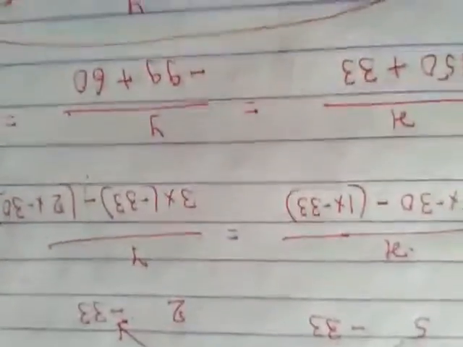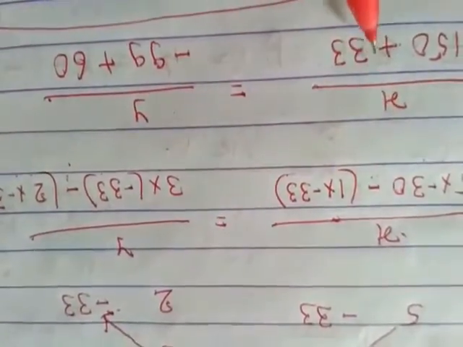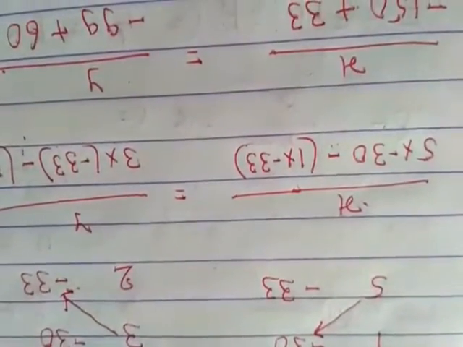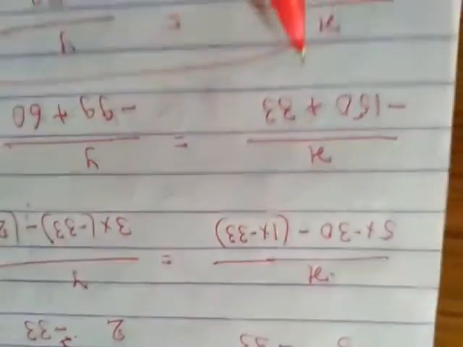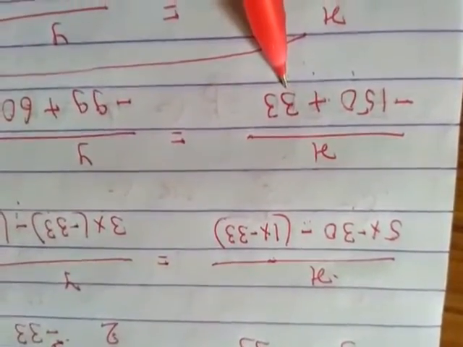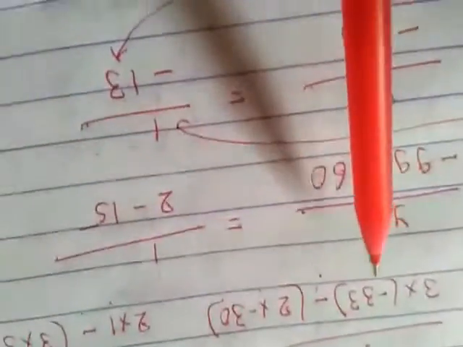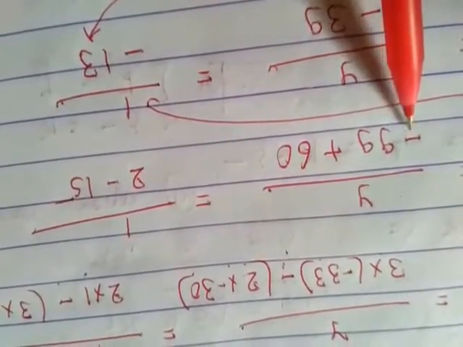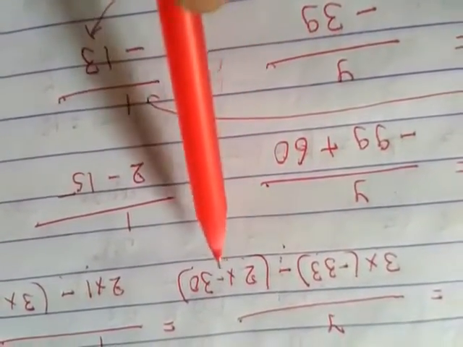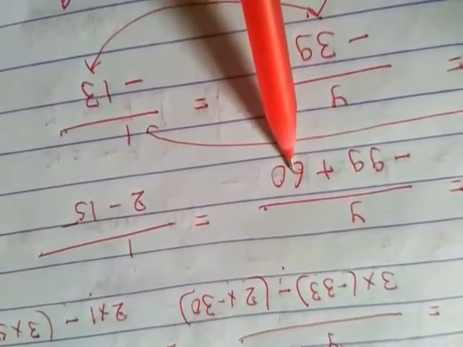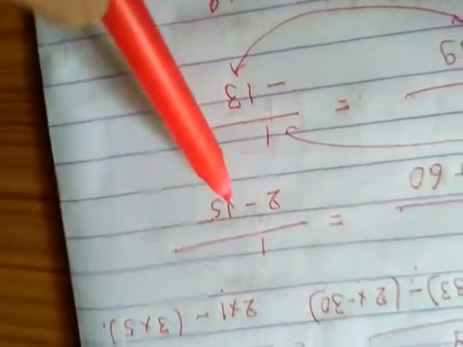Now on further solving, for x we have 5 into minus 30, which becomes minus 150, and minus minus becomes plus, and 1 into 33 becomes 33. Similarly, in the y case, 3 into minus 33 becomes minus 99, and minus minus gives plus, so 2 into 30 becomes 60, equals 1 by 2 minus 3 into 5, which is 15.